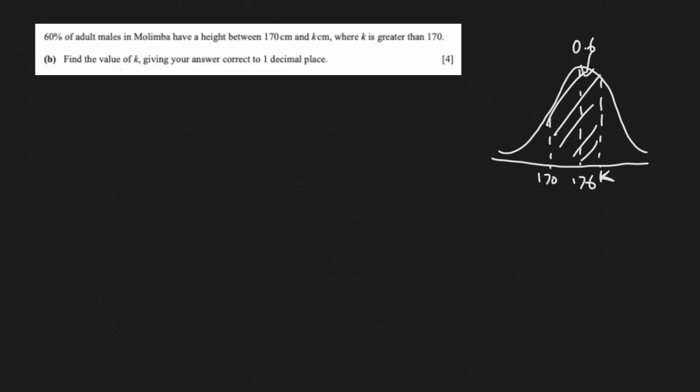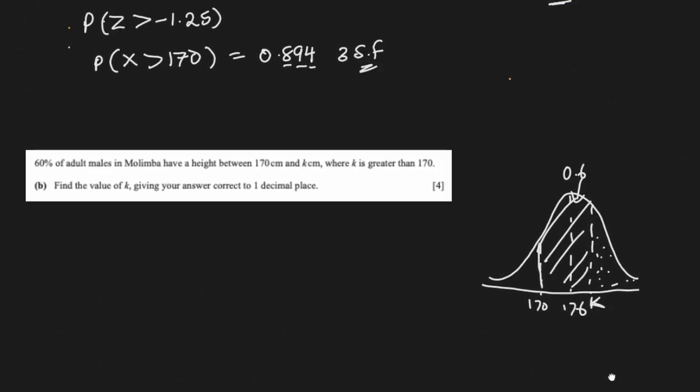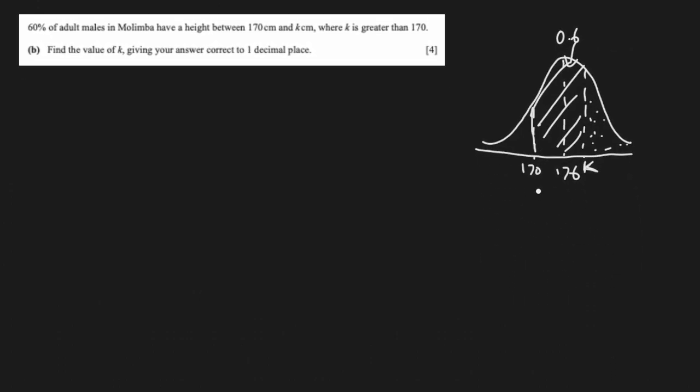Okay. Find the value of k, giving your answer correct to one decimal place. So everything is the same, so we don't have to worry about this. So 170 and greater, we already know, right? So somehow if we find k and greater, and subtract from the one we got earlier, what was that? That was 0.8944.